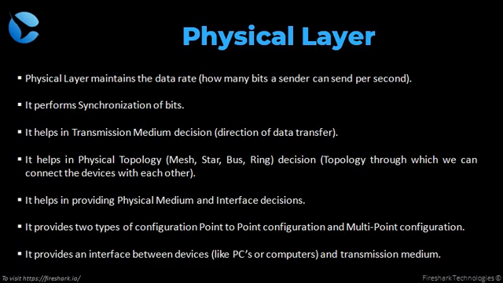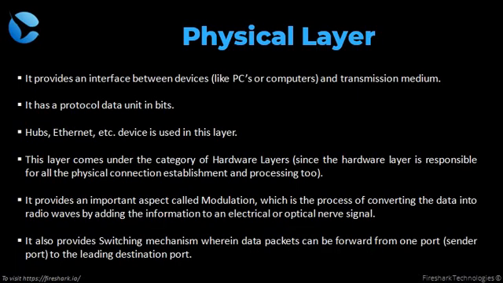In the coming slides we will see how the physical layer is responsible for the synchronization of bits, representation of bits, data rate, physical topology, and the types of configuration also. It provides the interface between a device like a PC or computer and the transmission medium. It provides the interface between the transmission medium and the user's PC or computer.